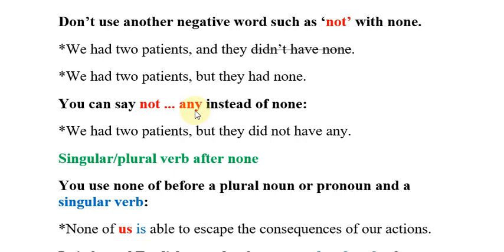If you do not want to use none, you can say not any instead. We had two patients, but they did not have any. Now, this is a synonym for none that we just reviewed.